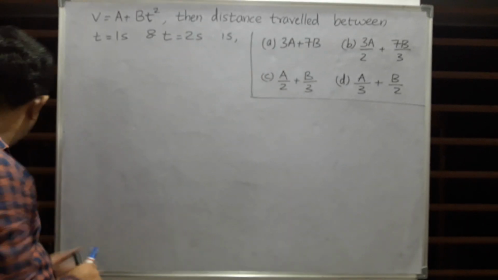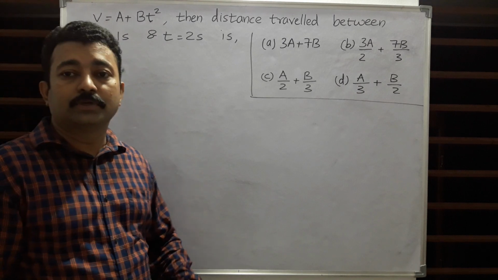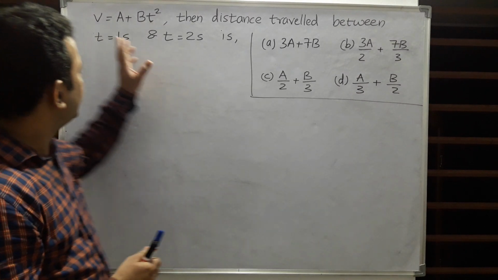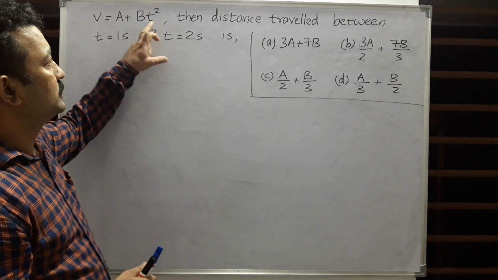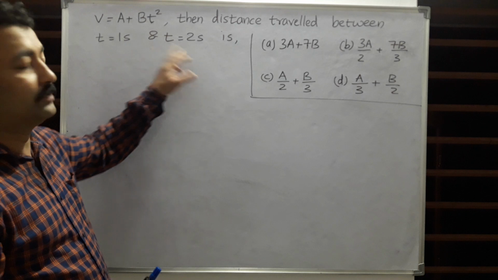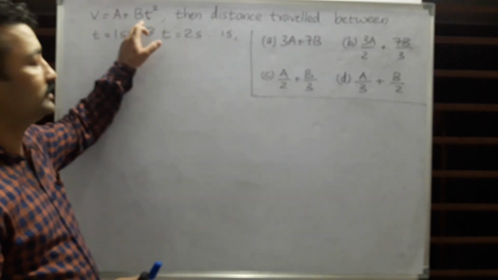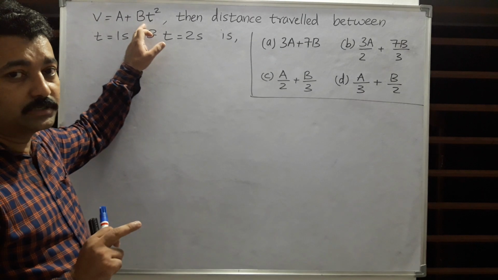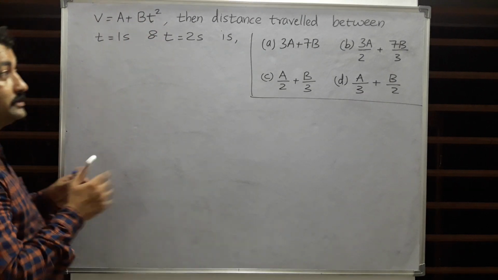The previous one was an example of a differential type of question. Now we are into the next question, in which v is given as a plus bt square. The question is to find the distance traveled between two time intervals. The problem is to find the distance traveled when v is given as an expression. This is based on the instantaneous concept. How can we find the distance traveled?